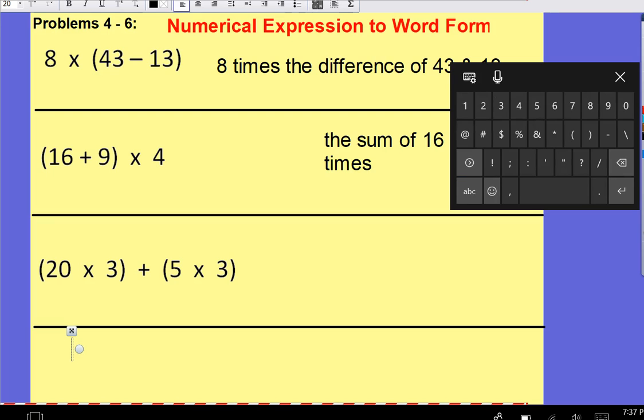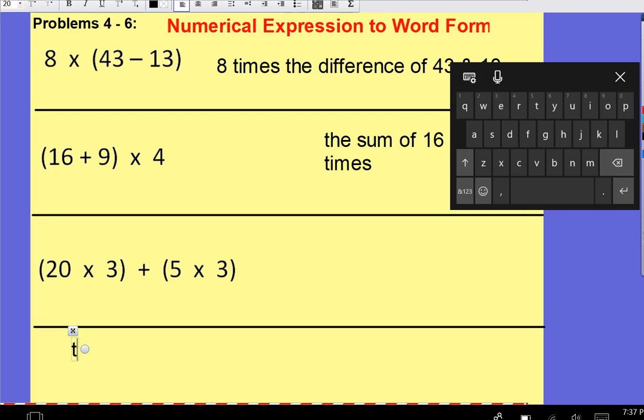So let's write that as 20 threes plus 5 threes. That's not the only way that we could say that. We could say the product of 20 and 3 plus the product of 5 and 3. That would be another way to say it. But that's two different ways that you could say this same problem in word form.